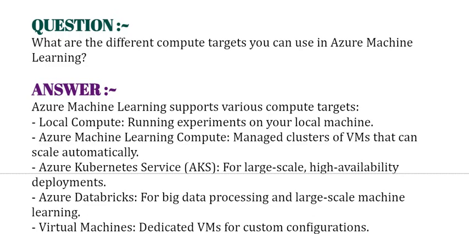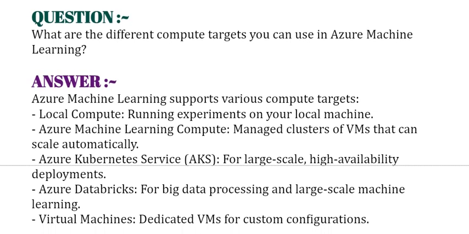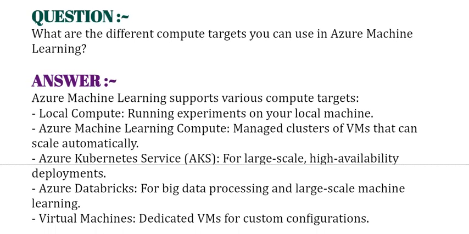Our next question is, what are the different compute targets you can use in Azure Machine Learning? Your answer should be, Azure Machine Learning supports various compute targets. Local compute, running experiments on your local machine.